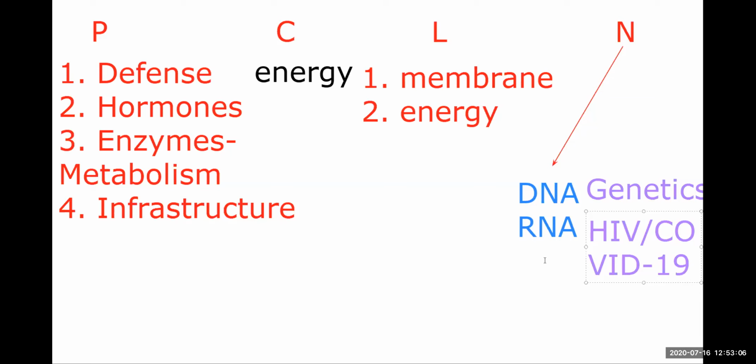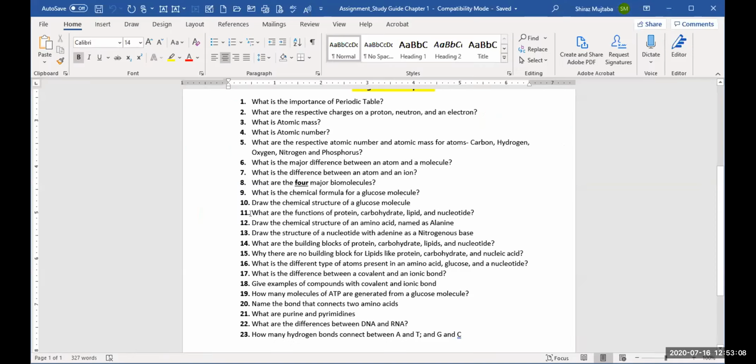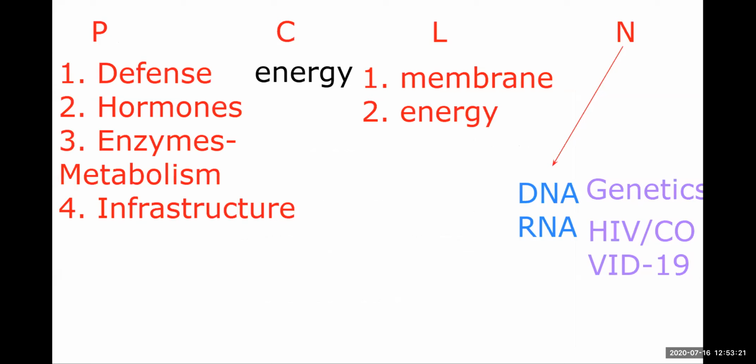So that was question number 11. Then, draw the chemical structure of an amino acid named alanine. So this I can try. This is straightforward compared to a glucose molecule. Any amino acid is made up of a central carbon atom.